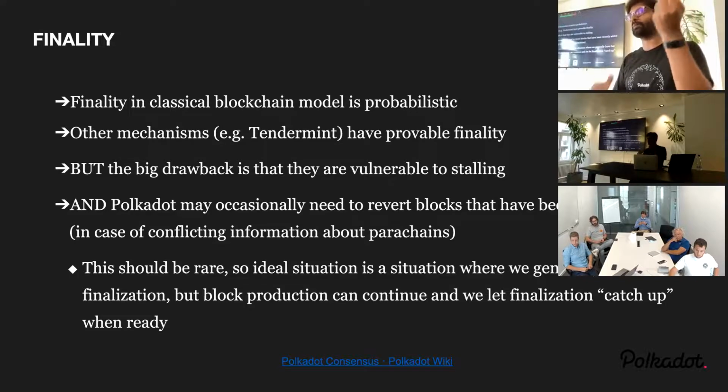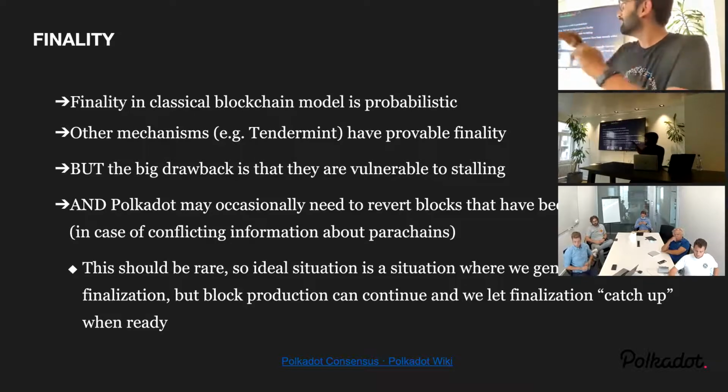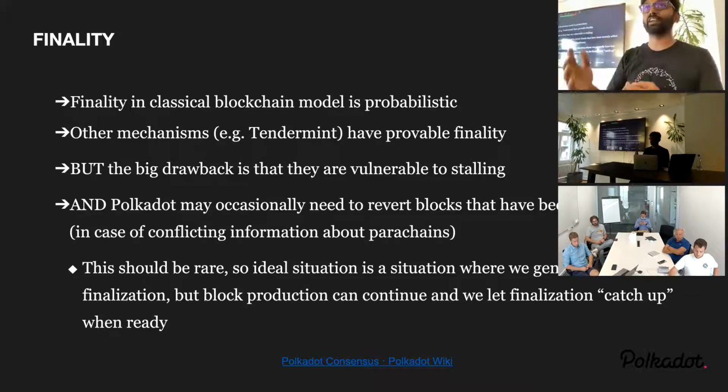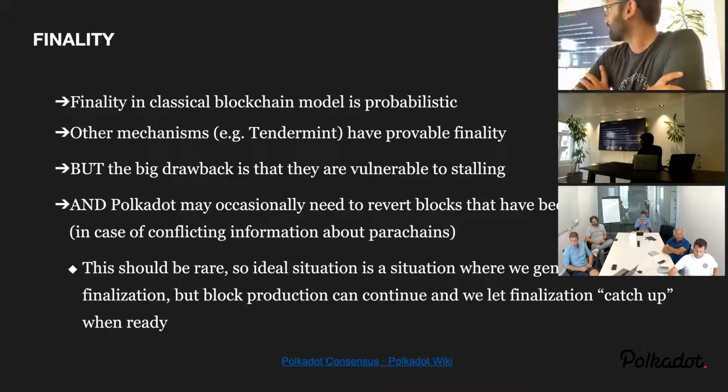So it's always a probability, and that's why you see even exchanges waiting for, let's say, 20 blocks before finalizing a certain transaction. That's the classical model, but there is also a mechanism where, immediately when a block is added, that block is final. That's something done in Tendermint.